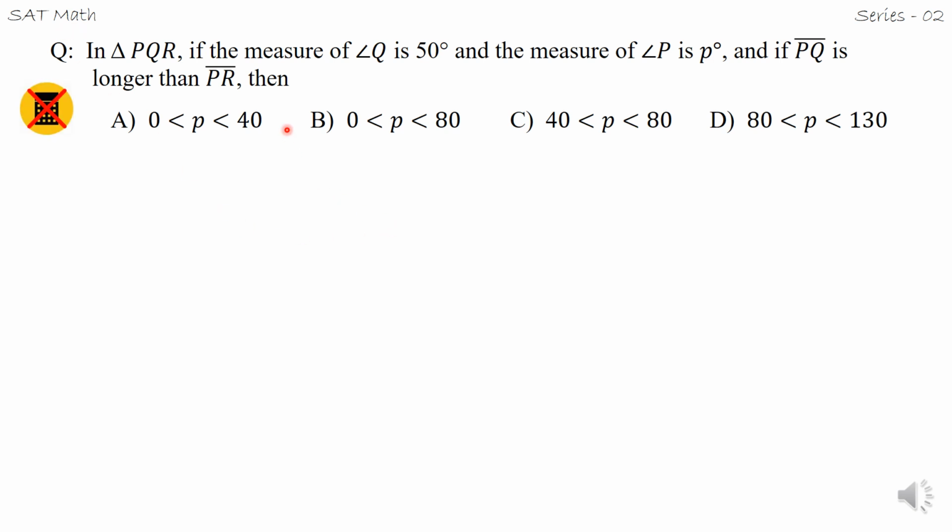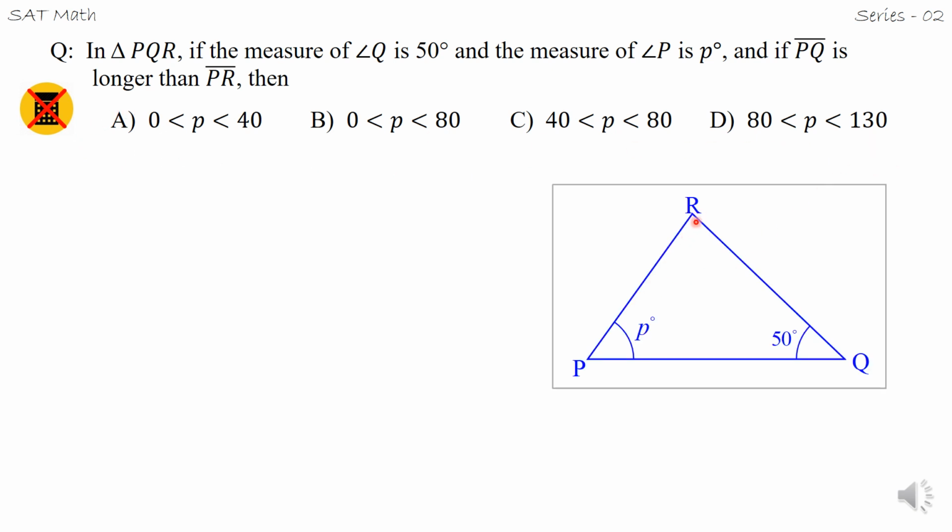Okay, this question is on angles of a triangle. Angle Q is given, and the measure of P is p degrees, and it's also given that side PQ is longer than PR. We need to find which of the given inequalities is true.